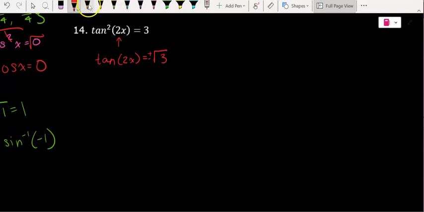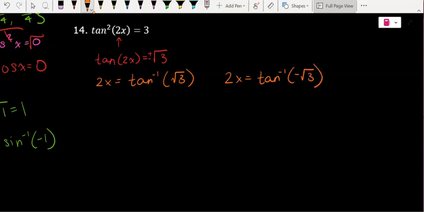Okay, now that's what I've got. And so I'm going to go ahead and do my inverse. So I've got 2x is equal to tangent inverse of square root 3, and 2x is equal to the tangent inverse of negative square root 3.